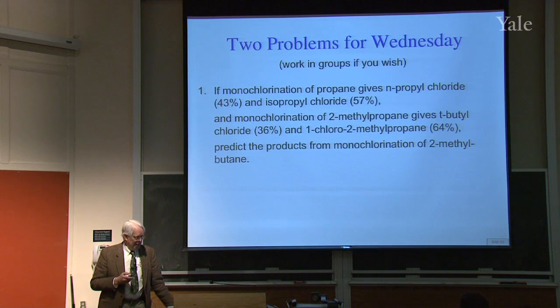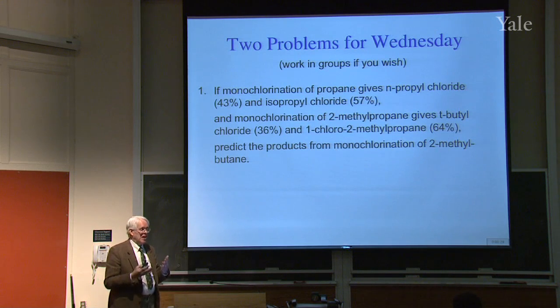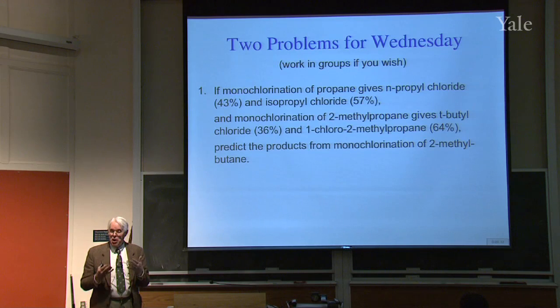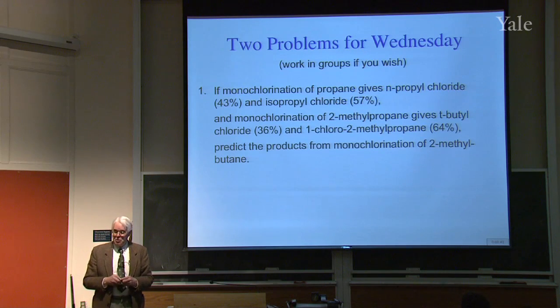Then predict the products from monochlorination of 2-methylbutane. So you're going to get relative reactivity of primary and secondary from one, relative reactivity of primary and tertiary from another, and then you'll use the relative reactivity of secondary and tertiary to solve the problem.